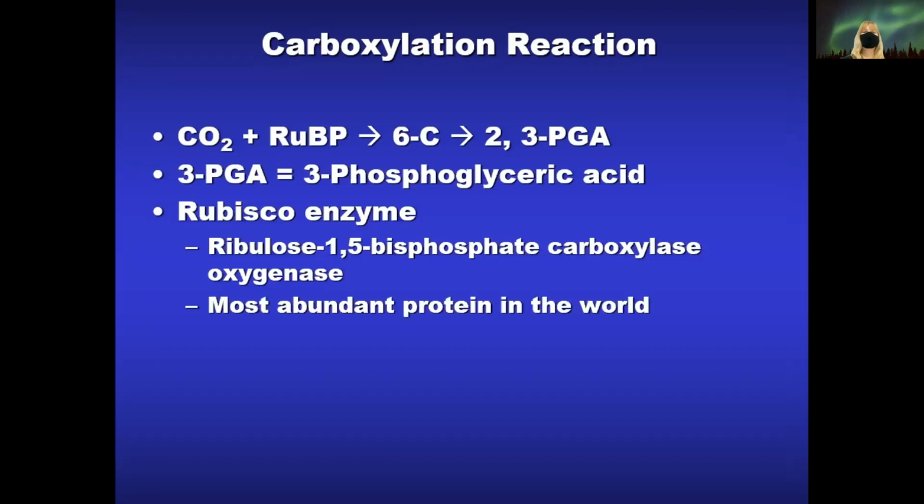It is the most abundant protein in the world, from microbes that can do photosynthesis all the way up to the giant redwoods. We have Rubisco acting on the RuBP and the CO2. They estimate about 40% of the protein in leaves of terrestrial plants is Rubisco.